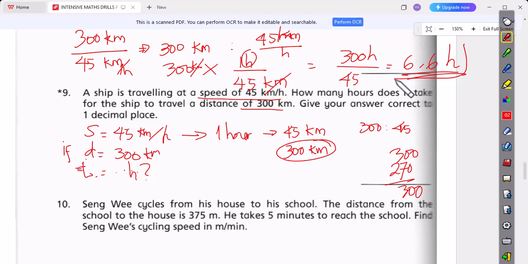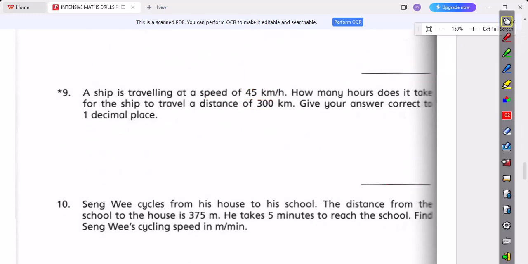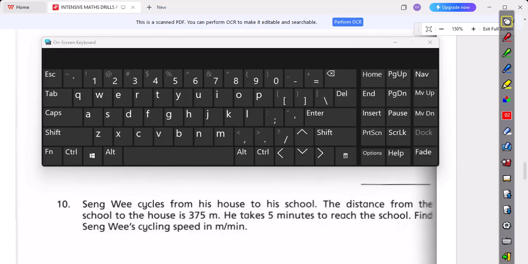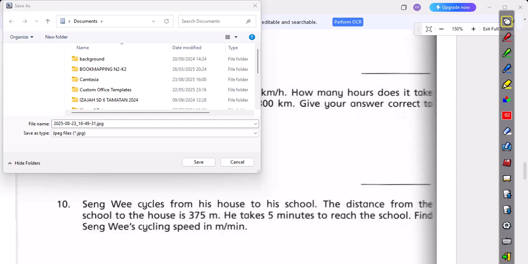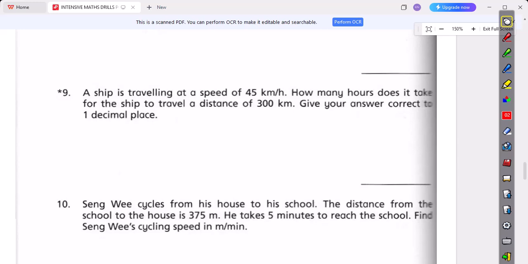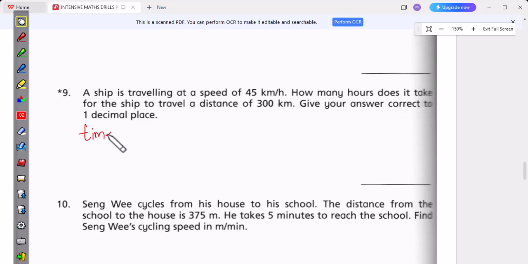But actually, I have a little bit of a trick here. We have three measurements here: time, let's say this is t, distance, so this is d, and speed, so this is s.